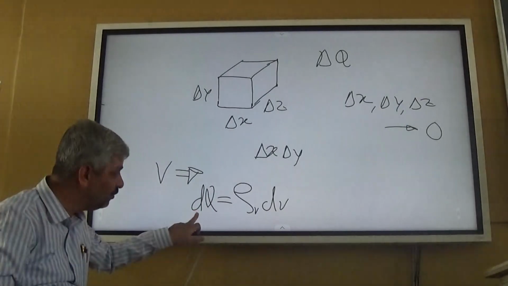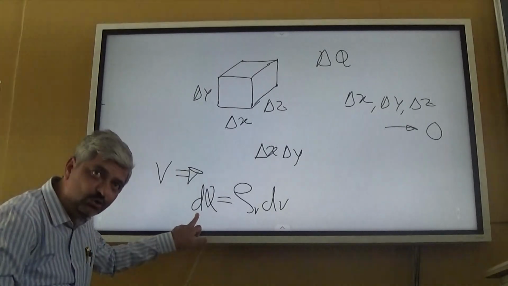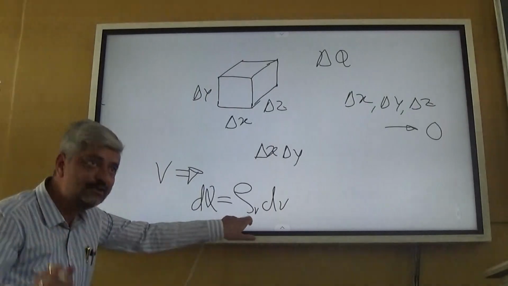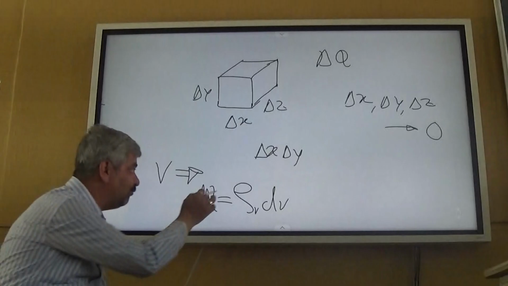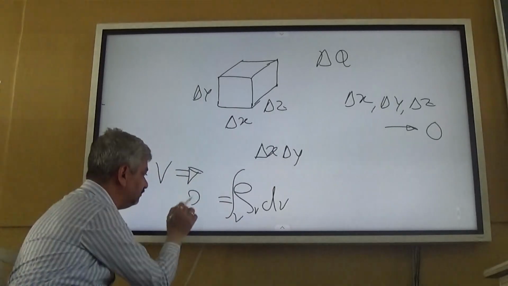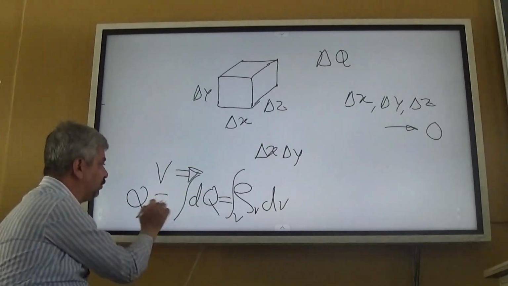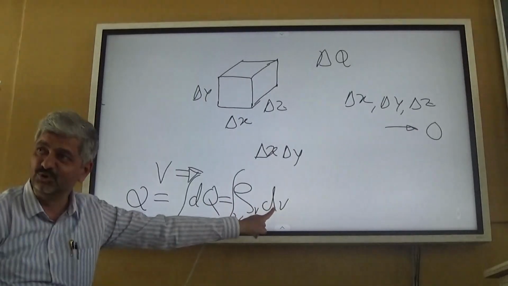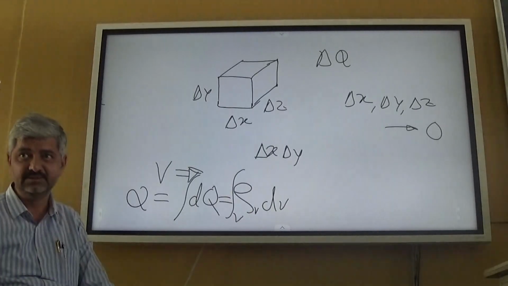So dQ is the charge in a small volume surrounding the given point where the charge density is rho v. So for any finite volume, Q will be the volume integral of rho v dv, right?